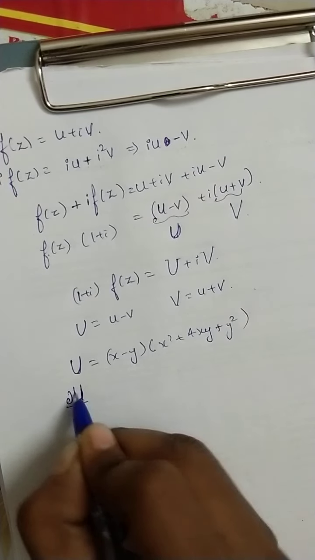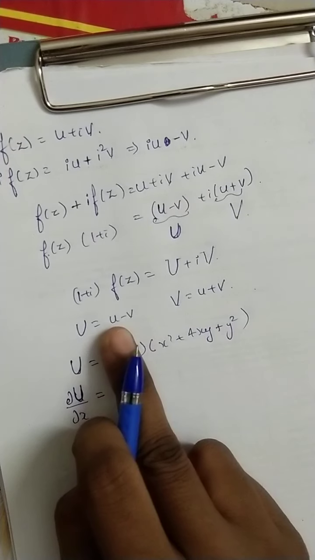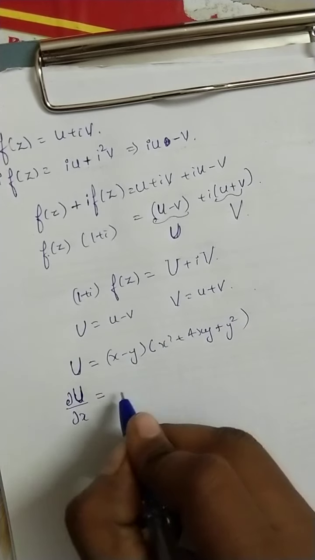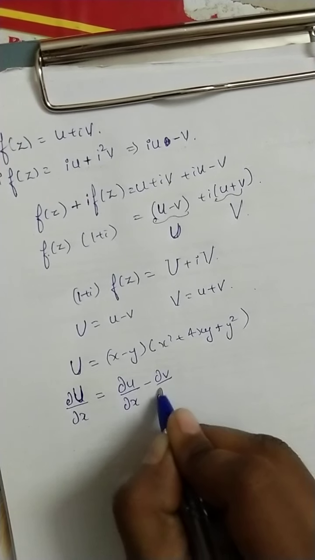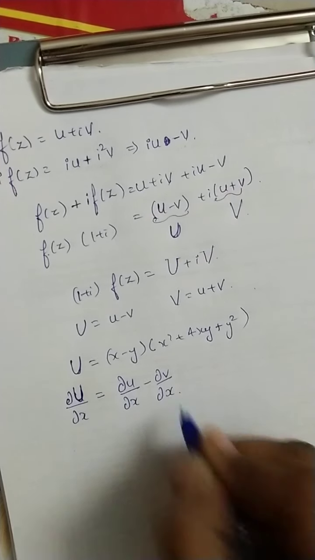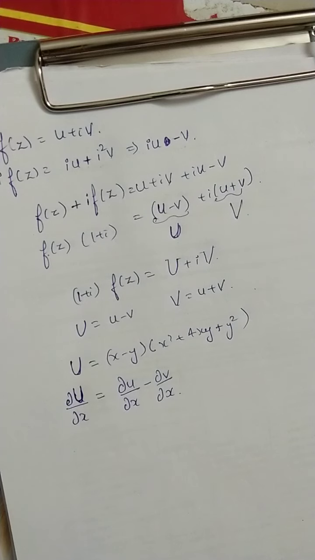So this is capital U, which is equal to, previously we know that it is u minus v, no. So dou U by dou x is dou u by dou x minus dou v by dou x. So dou u by dou x is equal to x minus, we will write as it is. So x square is 2x plus 4y.